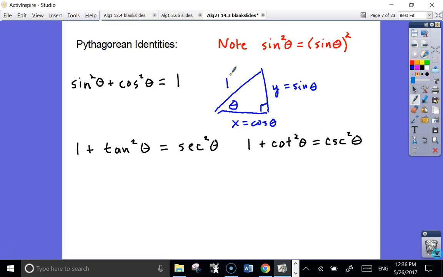Now, if I take this first one here and divide both sides by sine squared, actually, I want to do cosine first. It doesn't really matter.